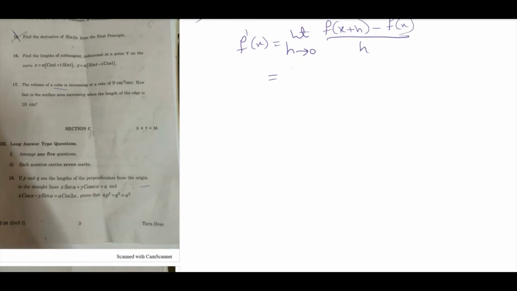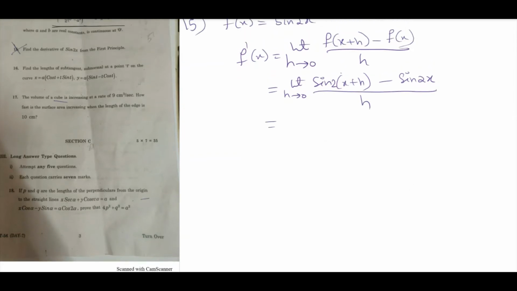That equals limit h tends to 0. F of x plus h here is sine of 2 into x plus h, minus sine 2x by h.